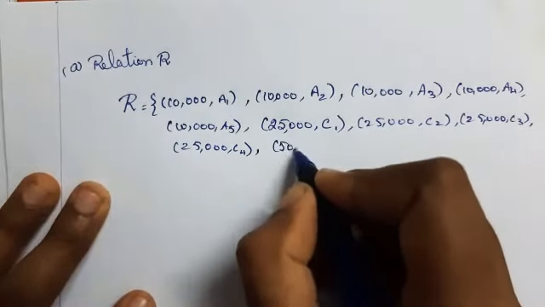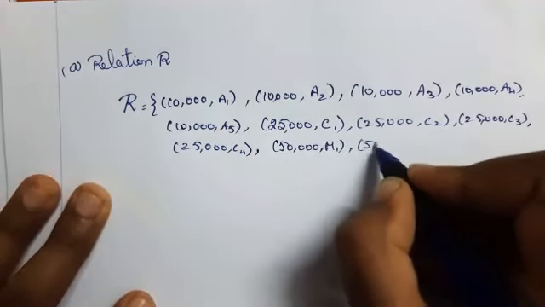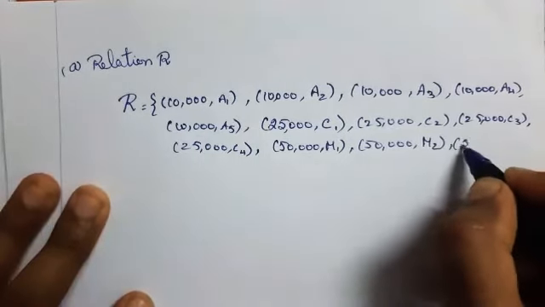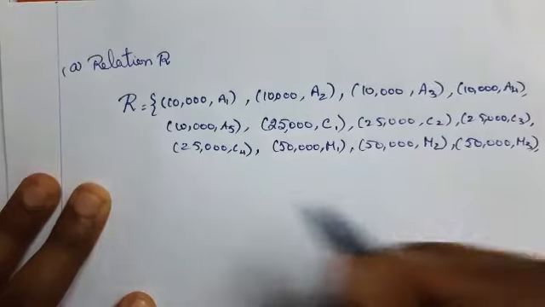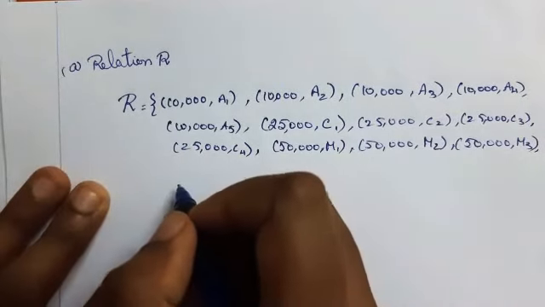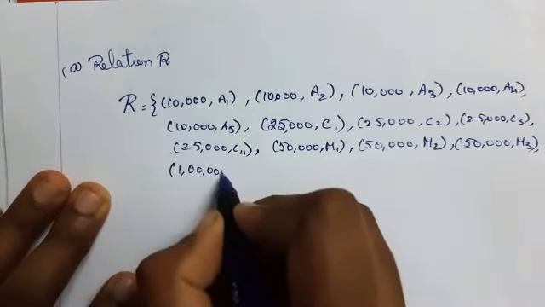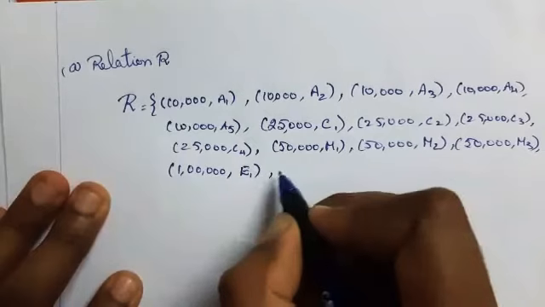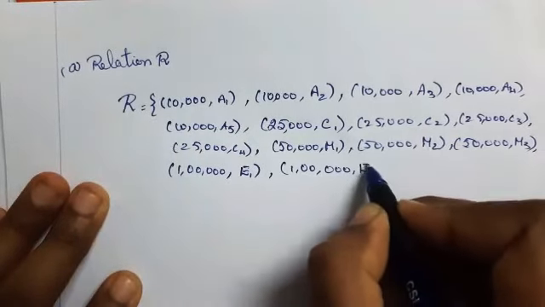Therefore 50,000 M1, 50,000 M2, 50,000 M3. Then executive officer that is 1 lakh. 1 lakh for 2 executive officer E1 and E2. These are the relations.